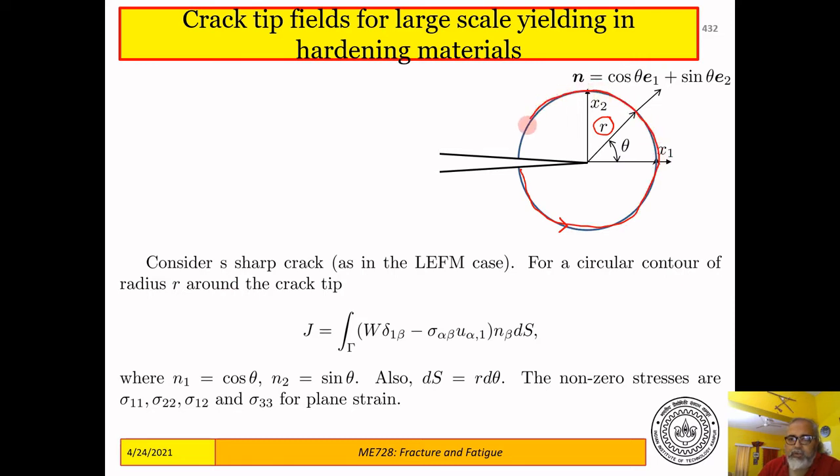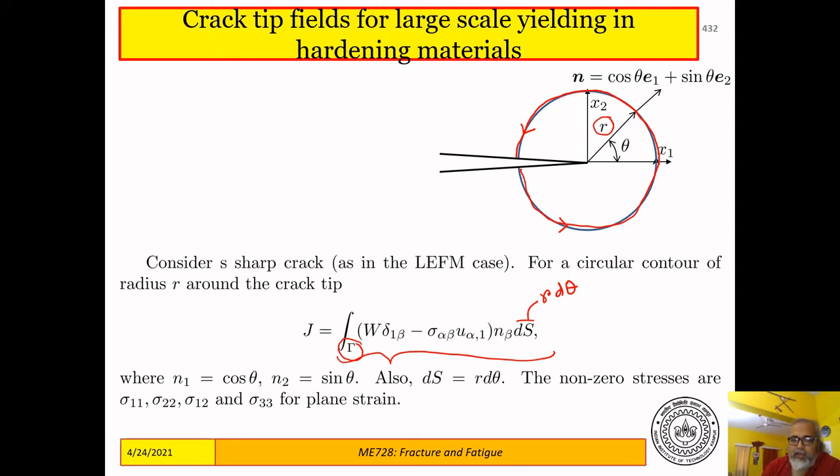So this is the contour that we are going to take, and on this contour I define an angle theta, and I'm going to calculate the J integral on this contour. Now remember, the J integral in 2 dimensions, we'll again assume 2 dimensions, is this, where gamma is the contour that I have just shown, and ds will be r times d theta, assuming that the thickness in the x3 direction is unity.